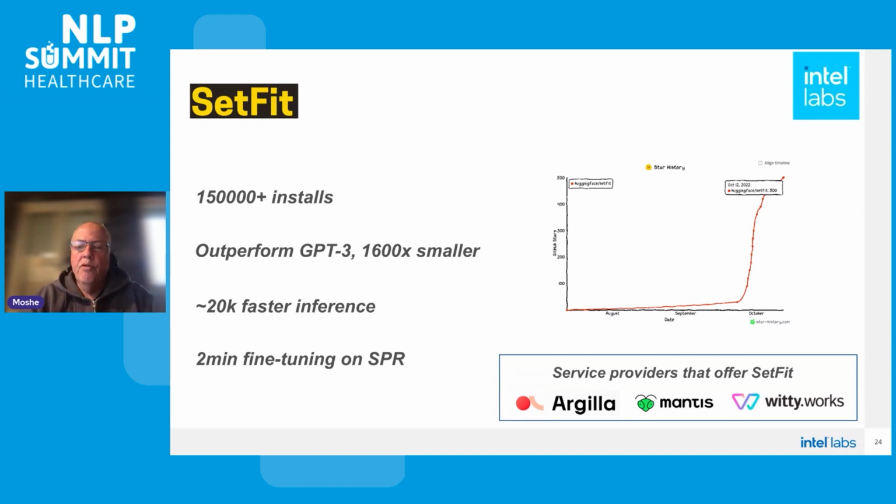It can take a few minutes to train on a CPU, and today it's also available with NLP service providers that offer this as a service, with additional capabilities, for example active learning, like Argilla, Mantis, and Wiki.force.